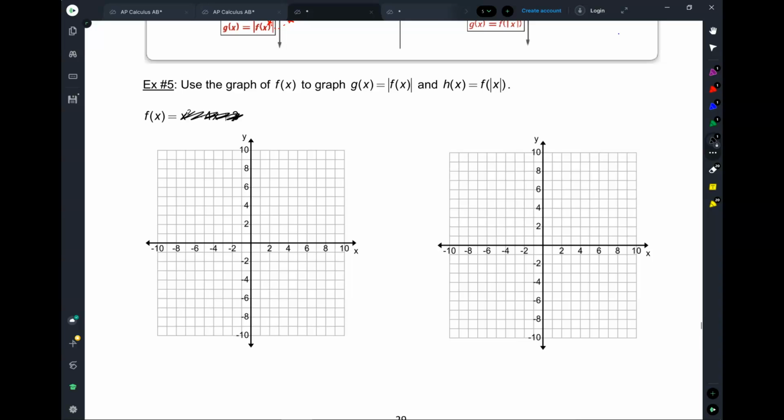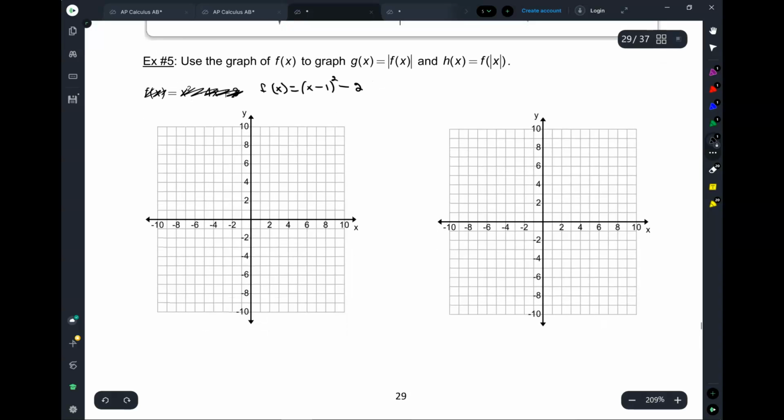All right. So let's do y equals, or f of x equals, x minus 1 squared minus 2. Okay? All right, so we're going to use that graph to graph absolute value f of x and f of absolute value x. So let's first graph this original one.